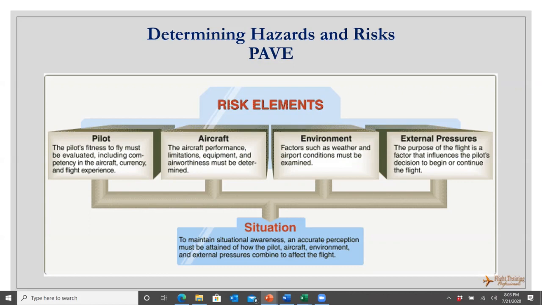Are you within all of the limitations? Is the aircraft airworthy? The environment in Florida, our weather changes constantly. You need to be evaluating that risk. And then, of course, the external pressures, the get-there-itis type of scenarios. You want to make sure that you're addressing that and not accepting anything that's past where you feel is acceptable for your risk levels.